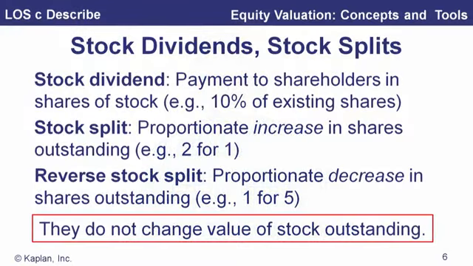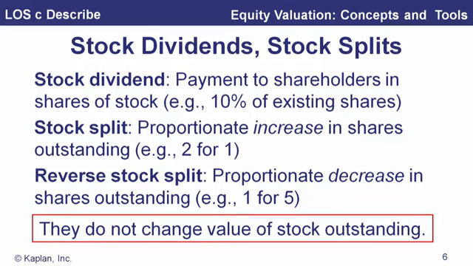Now, stock dividends, on the other hand, are paid in shares of stock, not cash. So an example would be a 10% stock dividend. If you had 100 shares, you'd get 10 more shares, you'd get 110 shares. A stock split is a very similar proposition, but it's just on a little larger multiplier.